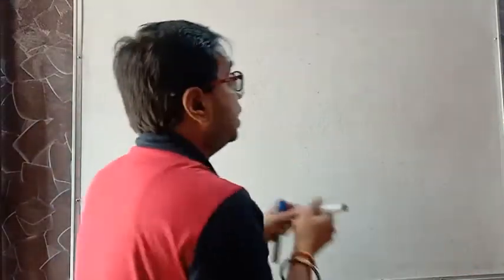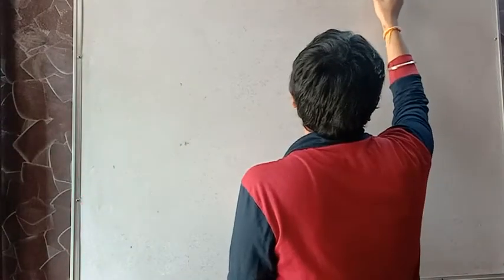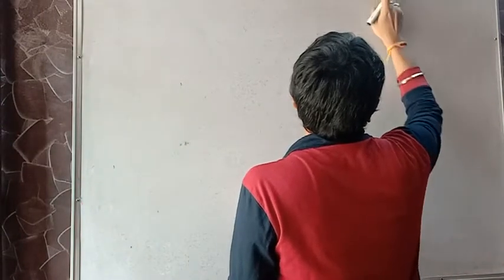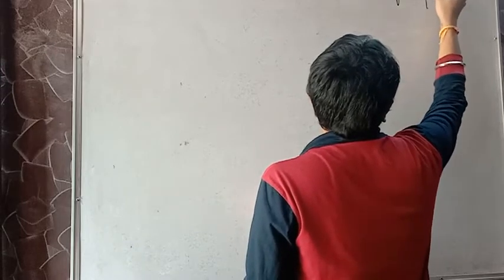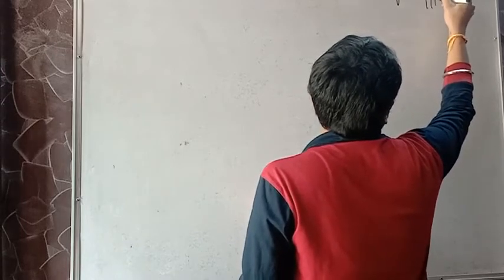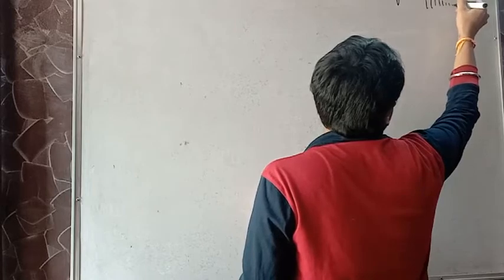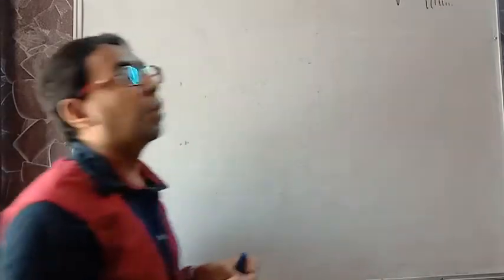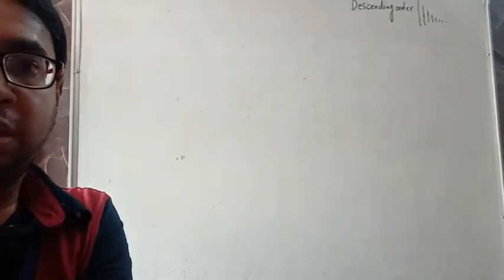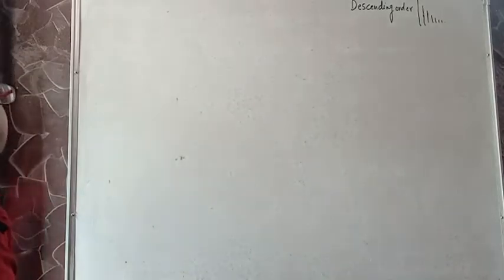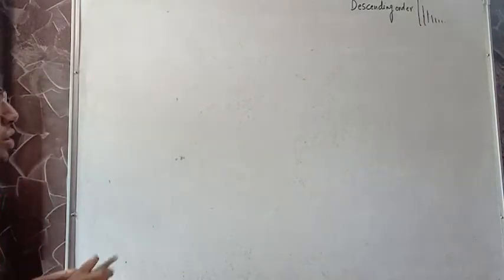So descending order means larger to smaller. Clear with this? I hope it's visible to everyone. Descending order means larger to smaller. Clear? Next question, question number 2.